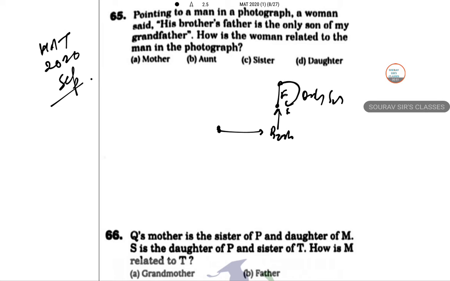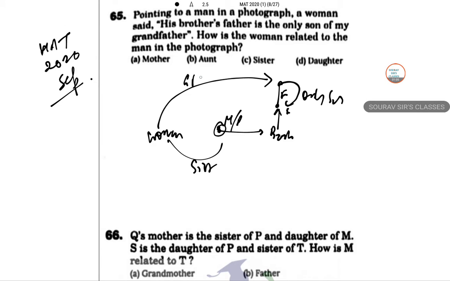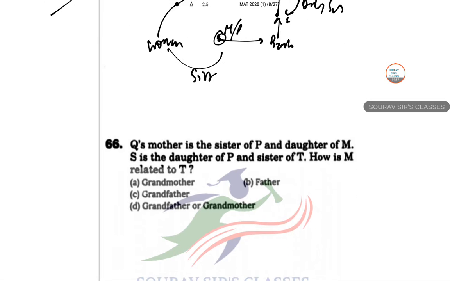So then there is again a father, the grandfather. Now the man in the photograph, man photo. So now this sister, which is a woman, himself, so this is the grandfather. Okay, so finally the answer can be said that she is the sister. Answer number C.